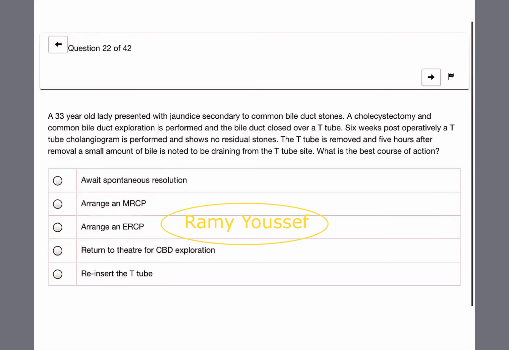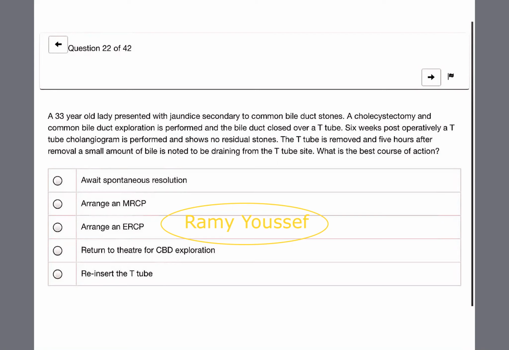What is the best course of action? Await spontaneous resolution, arrange MRCP, arrange ERCP, return to theater for CBD exploration, or reinsertion of the T-tube. I choose A, await spontaneous resolution, because there is no stone, the duct is patent, and the amount is small after such a long period.